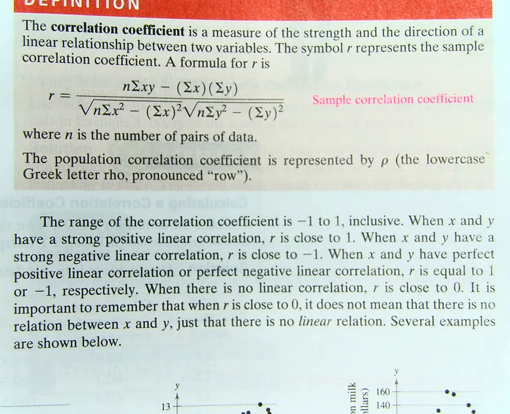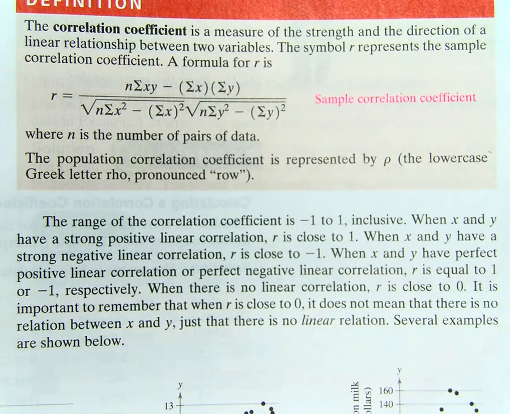Okay? When there's no linear correlation, then R is close to 0. So the closer it is to the ends, 1 or -1, the stronger the positive or negative correlation you have. The closer that R is to 0, the less correlation it has at all. Okay? So it's important to remember that when R is close to 0, it does not mean that there's no relationship between x and y.